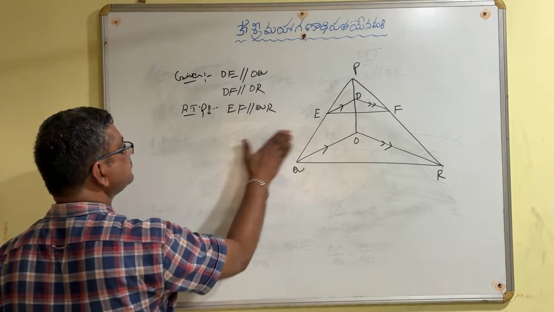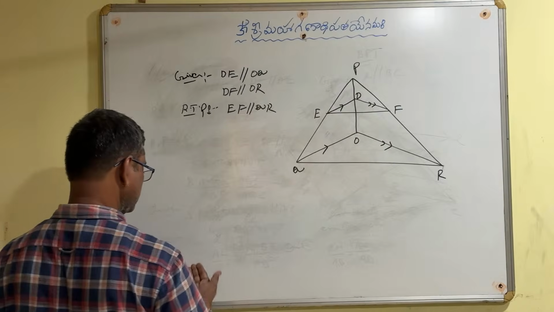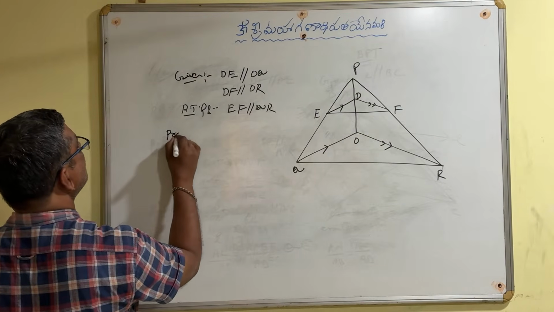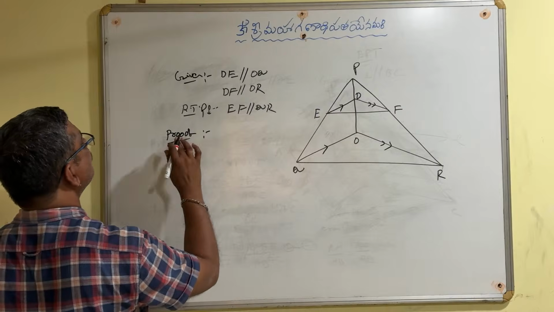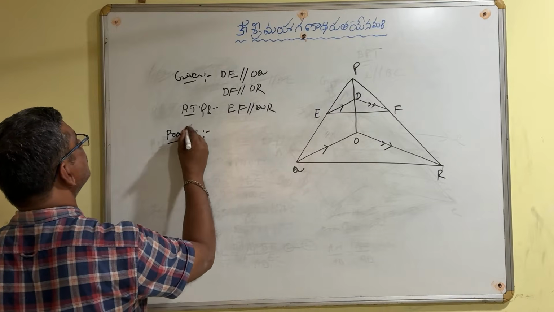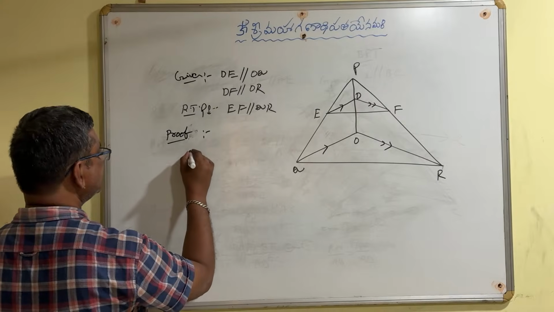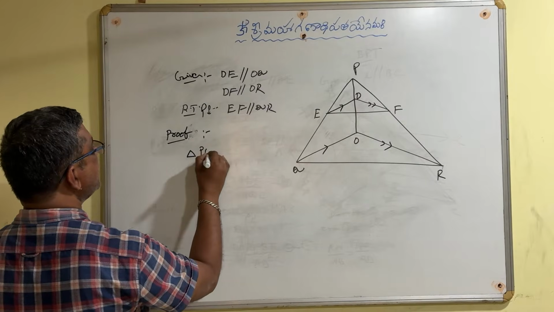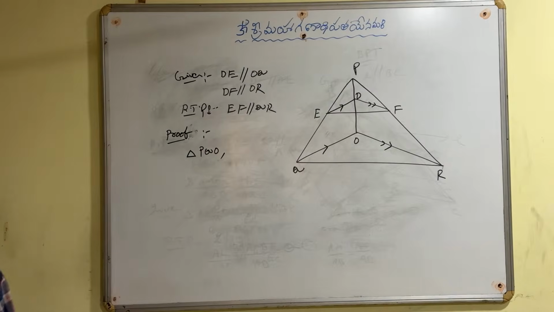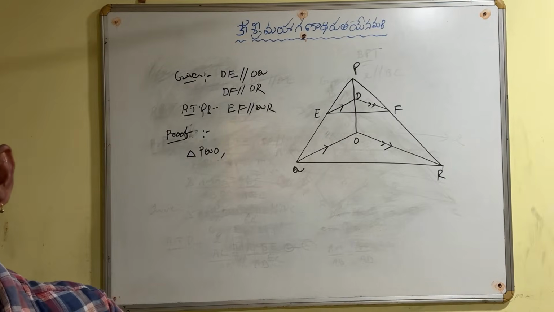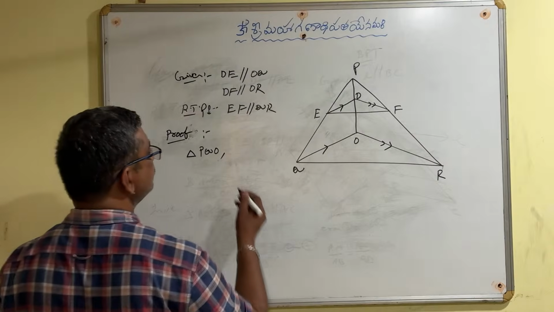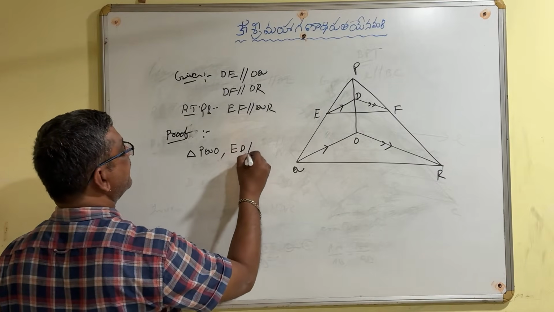Proof. Consider triangle PQO, or POQ, whatever it may be. In that, ED is parallel to QO.